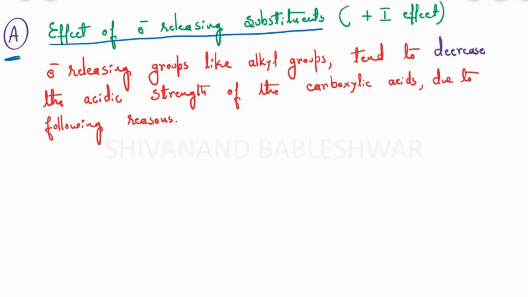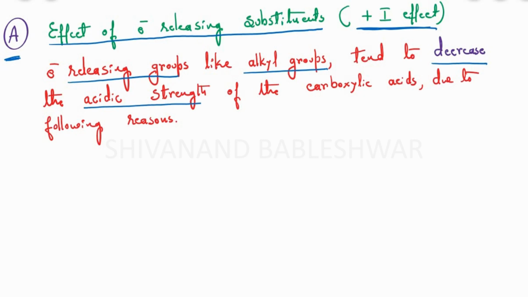Electron releasing substituents are going to show plus I effect, that is plus inductive effect, which we have learnt in earlier classes. Now these electron releasing groups, such as alkyl groups, are going to decrease the acidic strength.